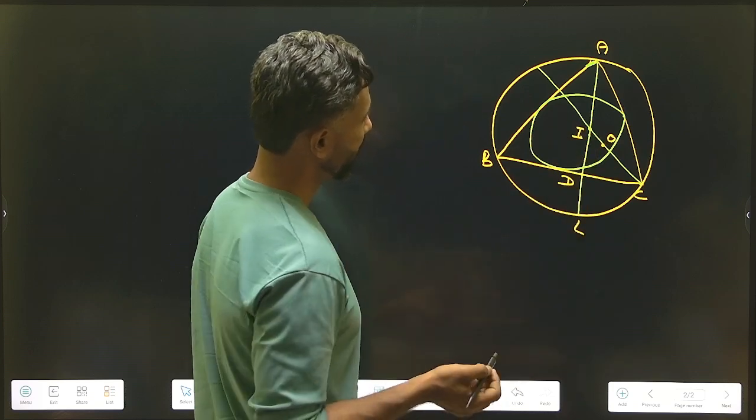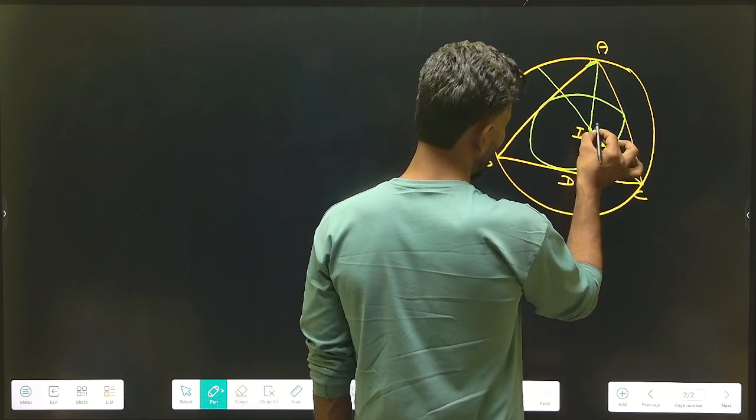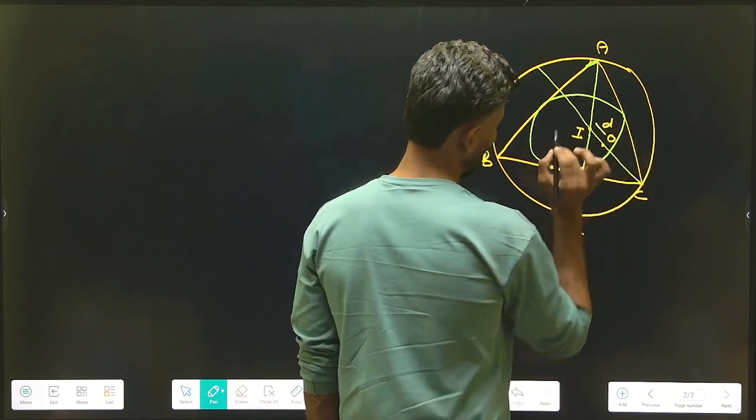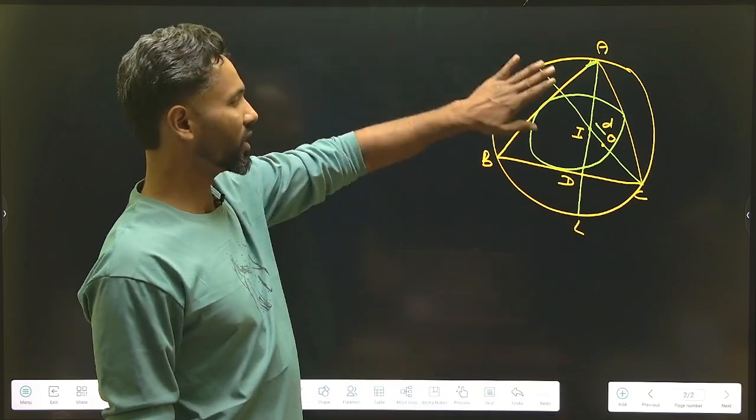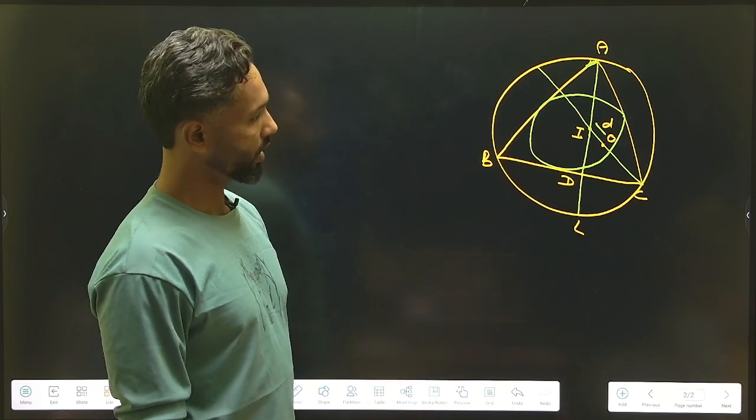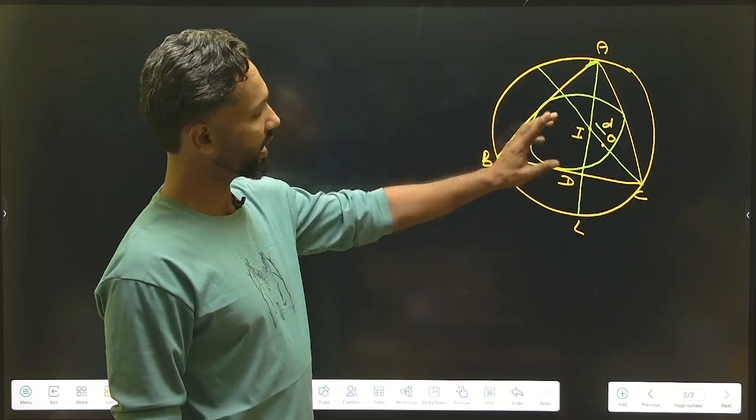Understand that? This particular distance is denoted by d, the distance between the incenter and circumcenter, not the orthocenter. O is the circumcenter here, and I is the incenter.